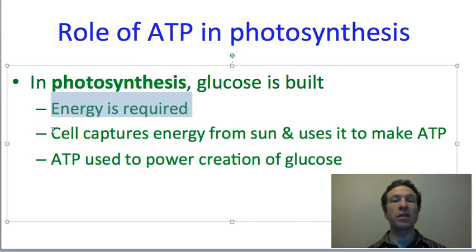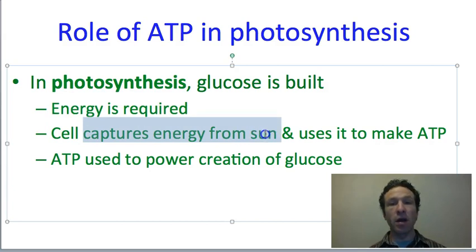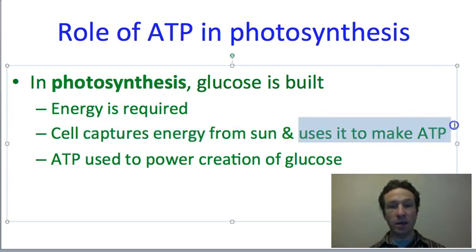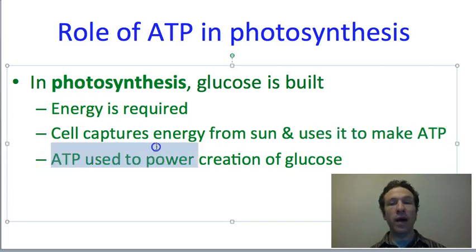The ultimate energy source for this process is going to be energy from the sun. But to take that energy from the sun and build glucose, the first step will be making ATP. Once that ATP is made by the cell, then the cell can spend that ATP to power the reactions that create the glucose. So ATP is going to be essential in this process.